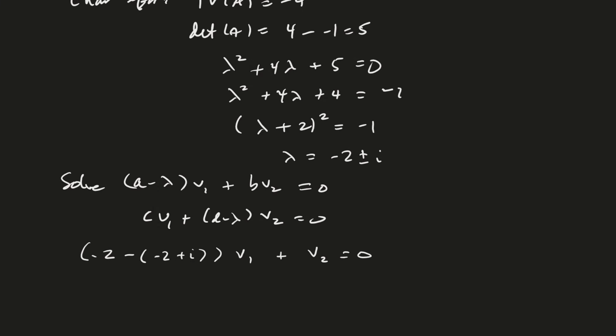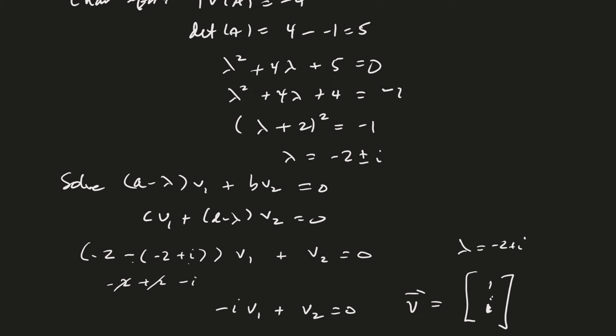Minus 2 and then minus and a minus is a plus 2 and a minus i, so the 2's cancel, and I'm left with minus i times v1 plus v2 equals 0. So my eigenvector, do you remember the shortcut we had for that back in the day? 1 and i would be our shortcut. You flip them around, negate one of them. So now we have lambda equals minus 2 plus i paired with 1, i.